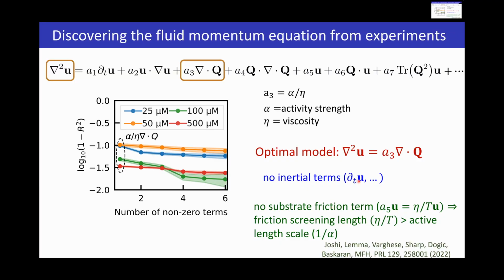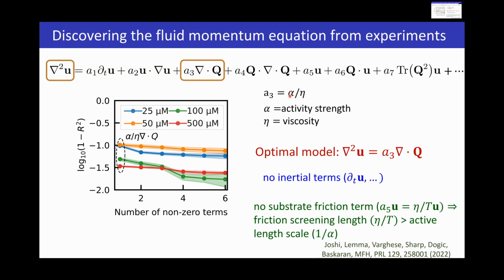So the inertial term is not important. Similarly, we don't need to include a substrate friction term, which is included in many models of active nematics. The other important thing is that the coefficient of the active stress term, again, is directly proportional to the activity strength.